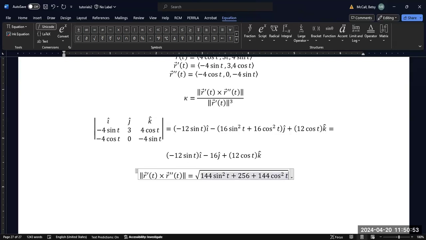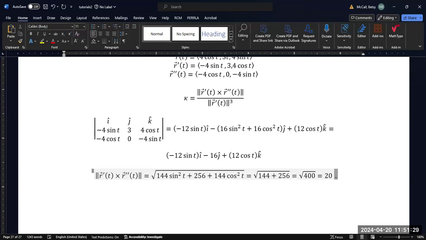And if I take out the 144 from my sine squared and cosine squared, then this will become 144 plus 256 is 400, which is equal to 20. So my numerator is a constant.